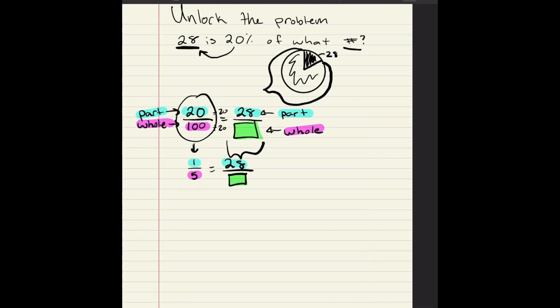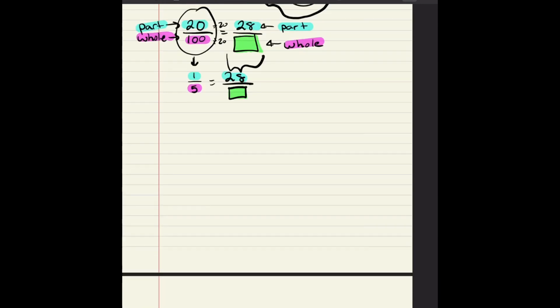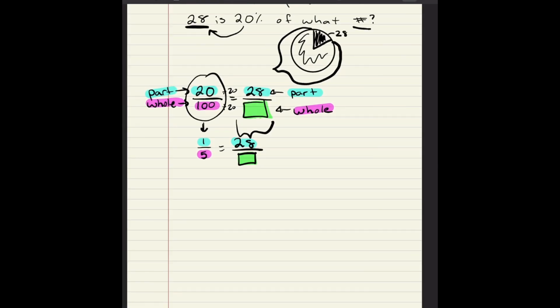All right, now I can cross multiply. This is why it's called the butterfly method, because it looks like a butterfly. See, here are our little feelers, and here are the wings.